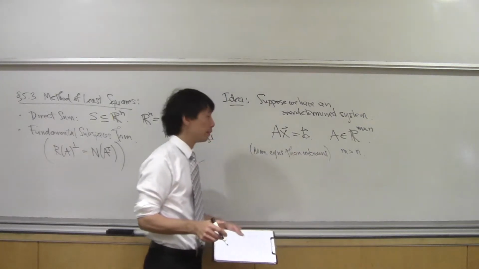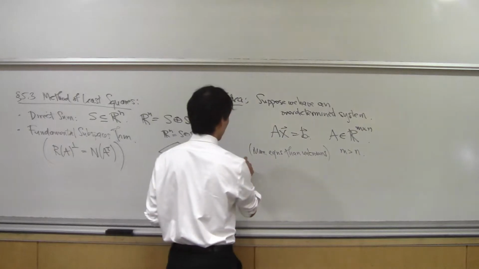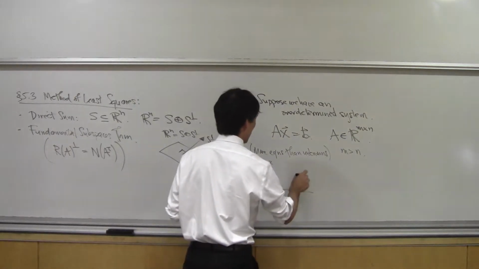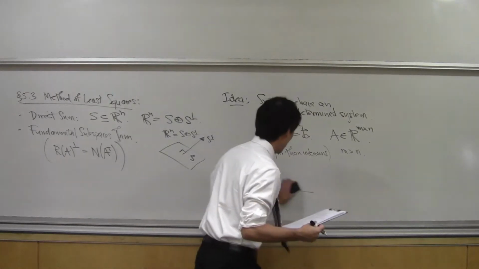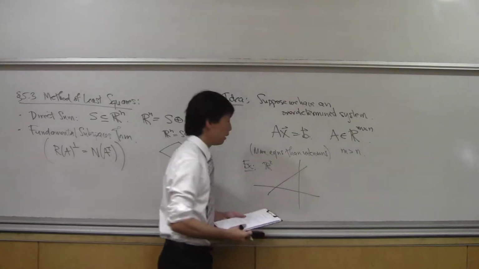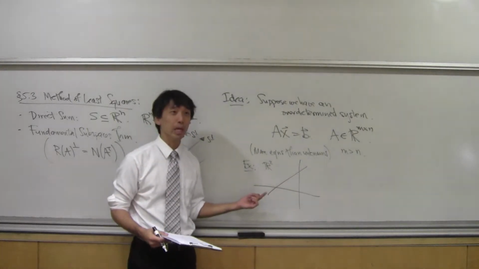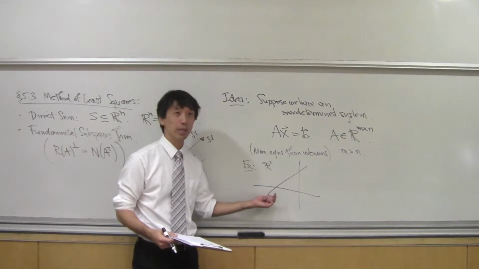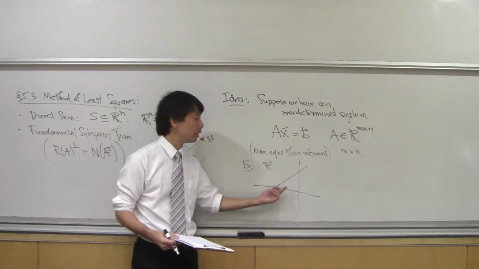For example, you are in R2, and somebody says, I have these 3 lines, and I want you to find all the points that lie on all 3 lines simultaneously. Well, there's no solution.